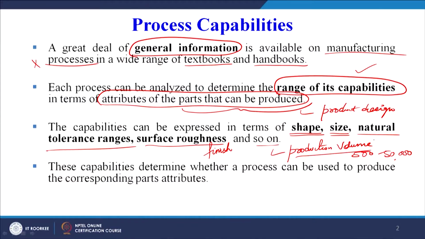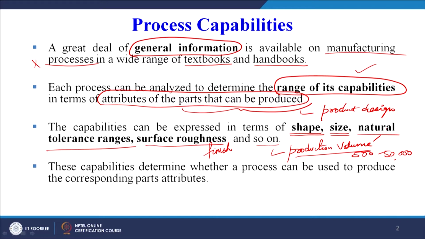Some process may have a capability of producing only 500 parts in a day, whereas there can be another process which has a capability of producing 50,000 parts in a day and satisfying all other criteria. So if our production volume is large, we will certainly go for a process which can produce 50,000 parts in a day. So the production volume is also an important decision criterion when we have to select a process.